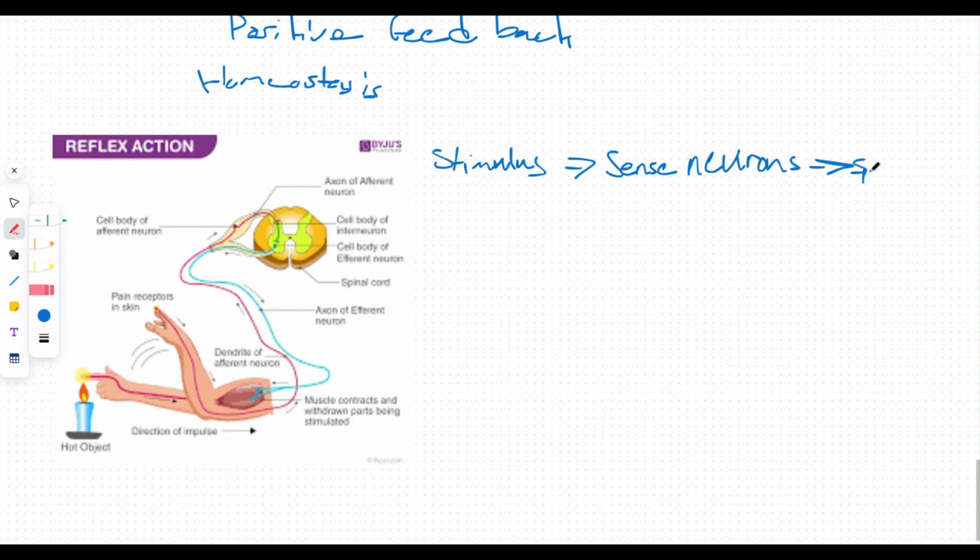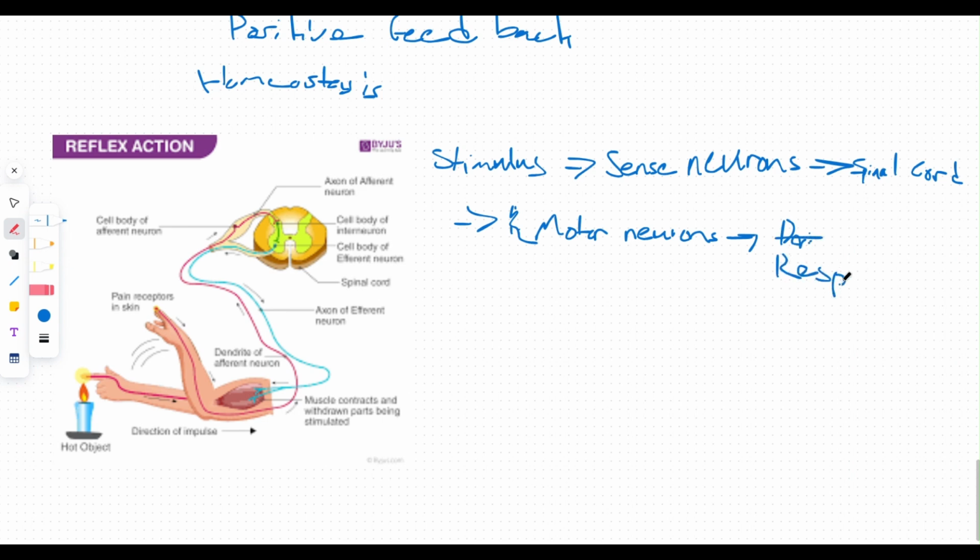And the reason why it skips the brain is that it does not have enough time to do it. Spinal cord, interneuron, motor neurons, and then the doing organ. That's really it in a nutshell. Or let's just call it the response.